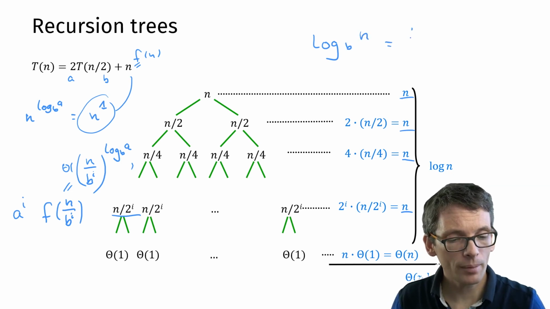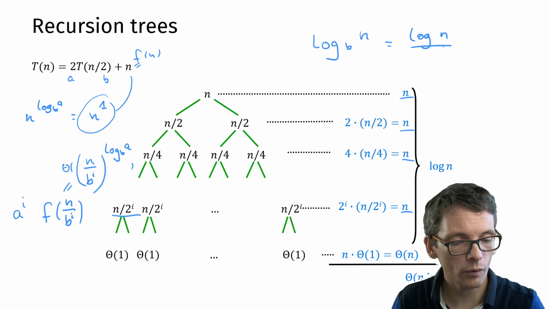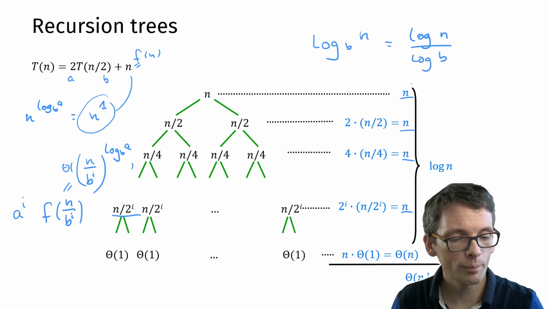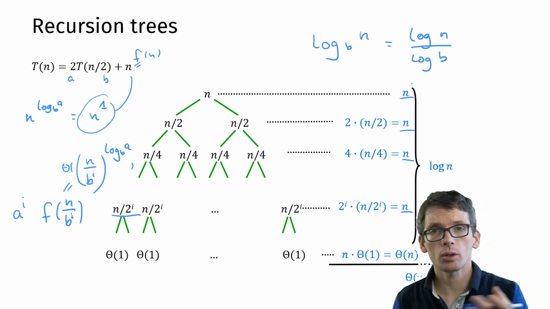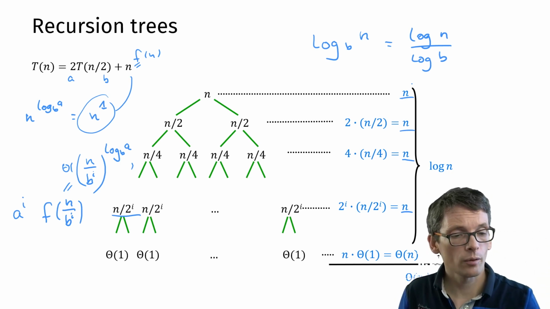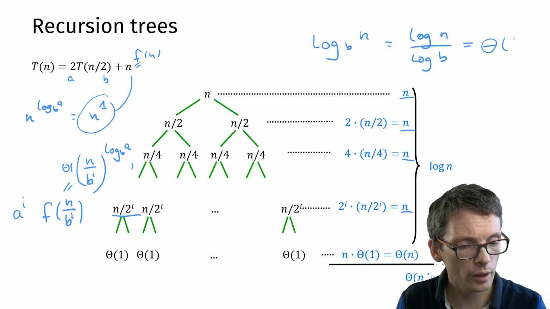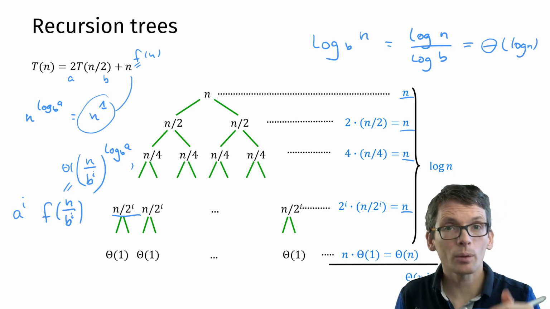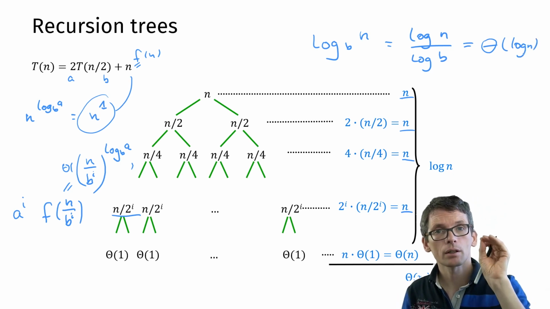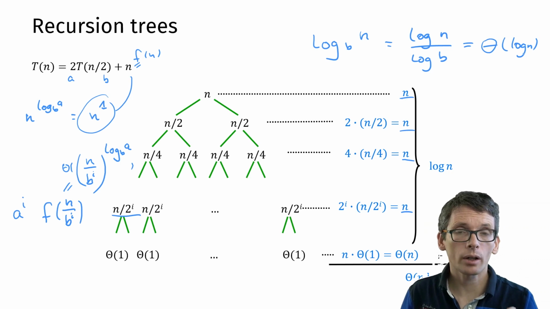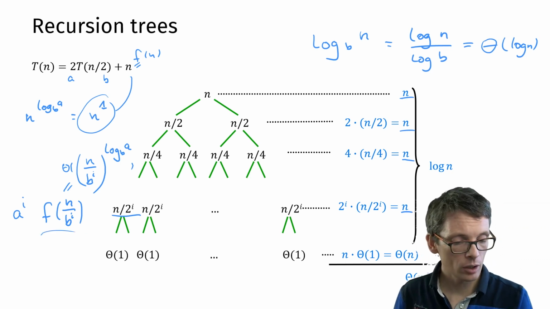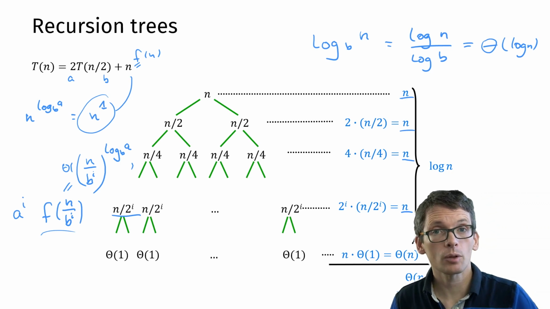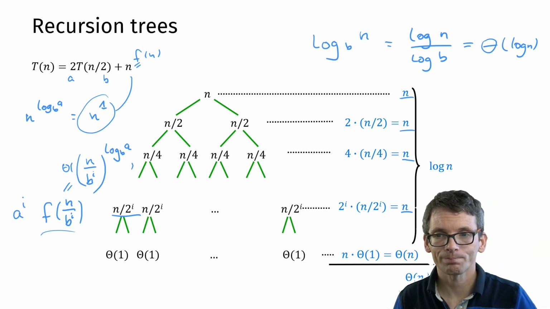I can again rewrite this as log of n divided by log of b. If b is a constant, log of b is also a constant, some number. So this is of order log n. No matter what b is, as long as b is a fixed number, we get log n levels. Per level, we get f of n. So we get theta of f of n times log n, and that is case 2 of the master theorem.